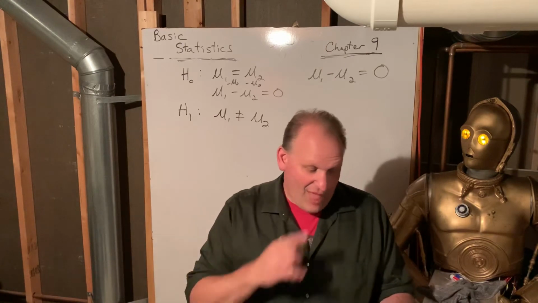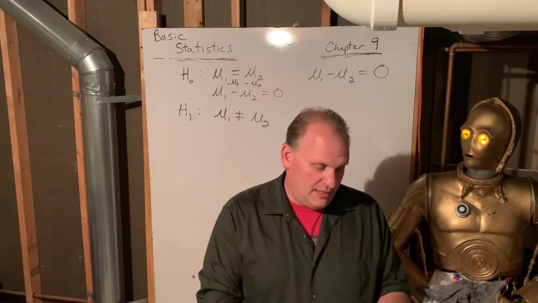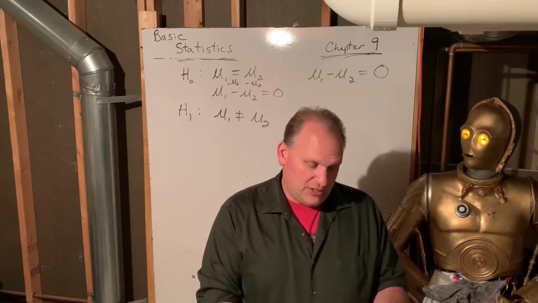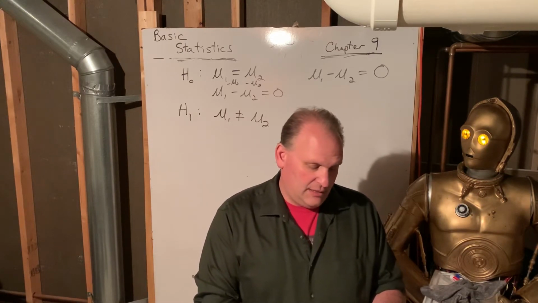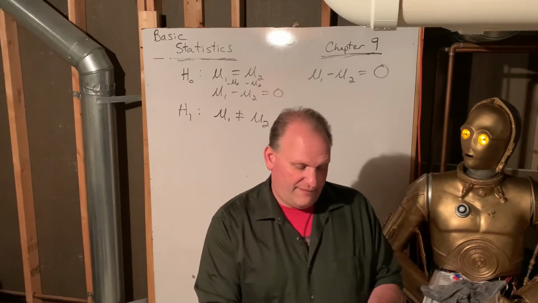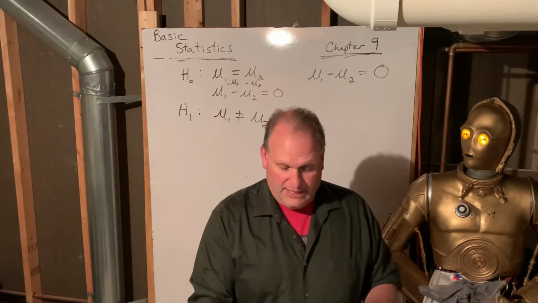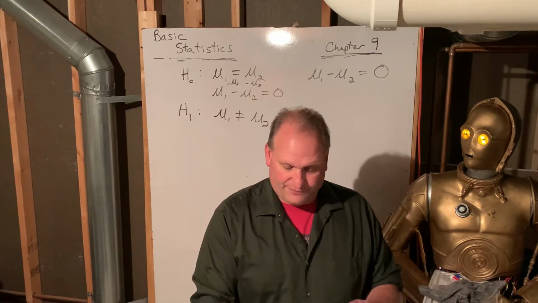All right. So let's take a look. Population 1, USA. Population 2, Canada. Null hypothesis. 5 years greater than the average lifespan. Equal in Canada. I think it's the other way around.